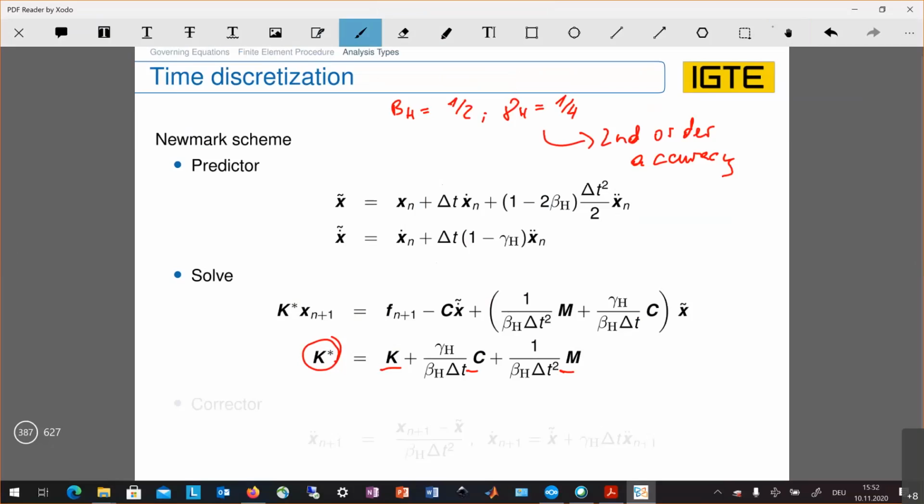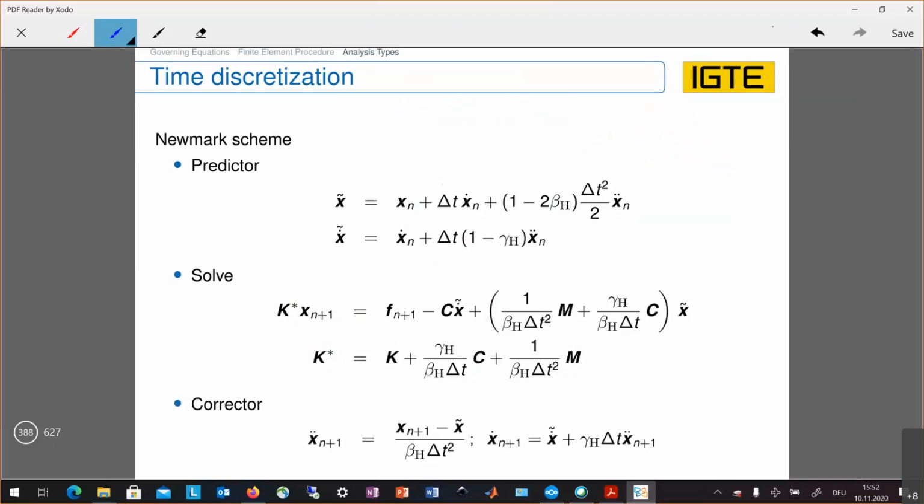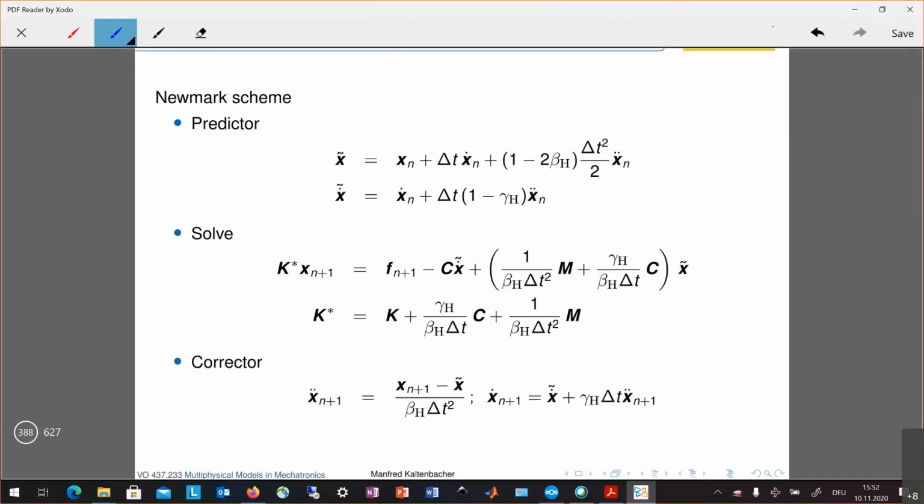Okay, and after you have computed the new displacements, which are our x n plus 1 vector, you can also compute the new accelerations as well as the new velocities.